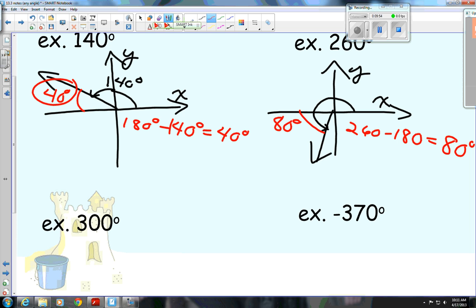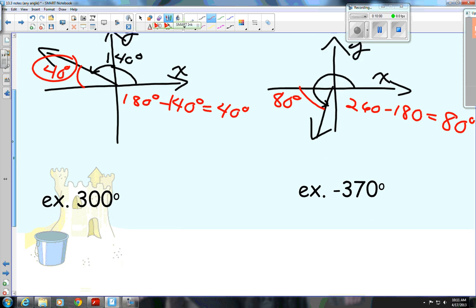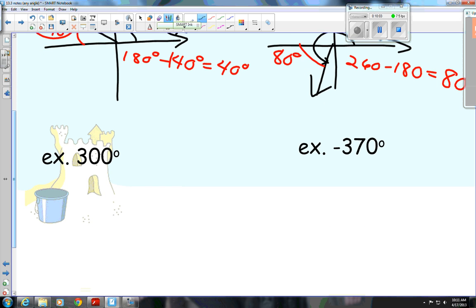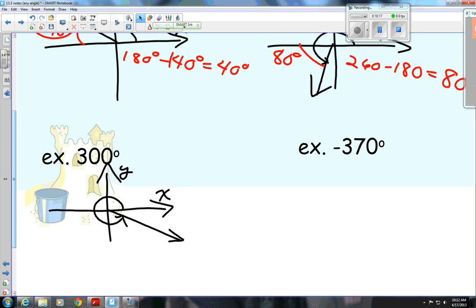Okay, so 300 degrees. We'll look at a fourth quadrant now. It is more than 270 but less than 360, so it's going to land right in there. Now this time it's always with the x-axis, so this time it's going to be on the other side. So if this is 300 degrees, in order to find the reference angle, I'm going to have to subtract from 360.